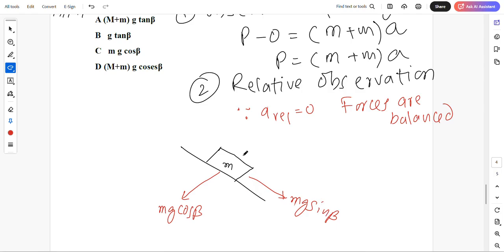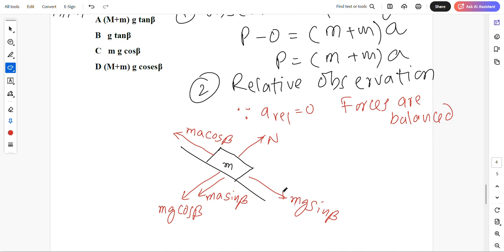Now, this is the normal reaction, and this we got, pseudo force is MA, here MA cos of beta, and one more force we got here, MA sin of beta.